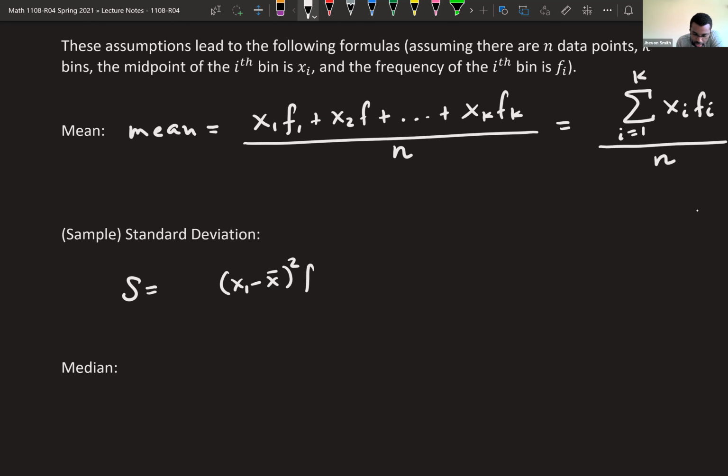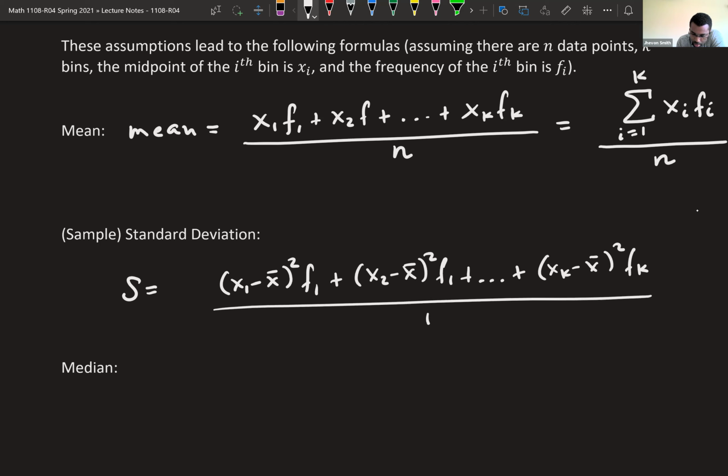So you're going to multiply that by f1 because that's how many were there. Then you're going to take x2 minus the mean, where x2 again is the median of the second bin, multiply by the frequency, plus dot dot dot, xk minus x bar squared times fk, all over n minus 1, and then you take the square root.